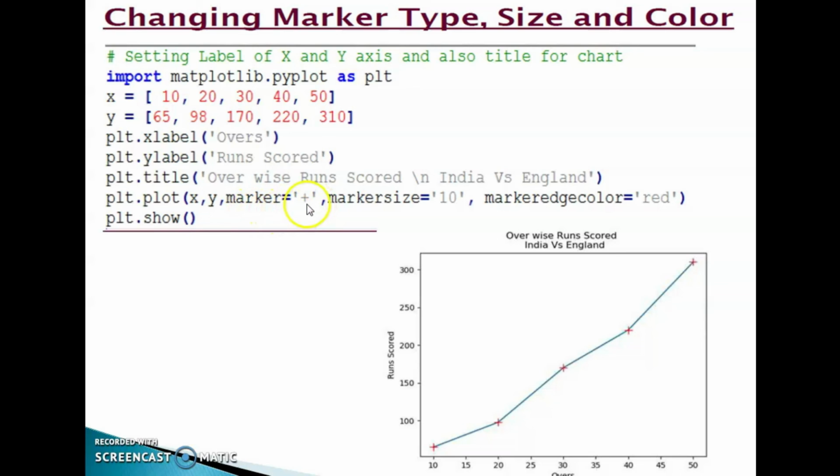Marker is equal to x means x marker. Then marker size is equal to 10 or 12 or 8, the size of the marker. Then marker edge color is equal to red, that is red in color. If we need cyan color, we can give marker edge color as cyan.